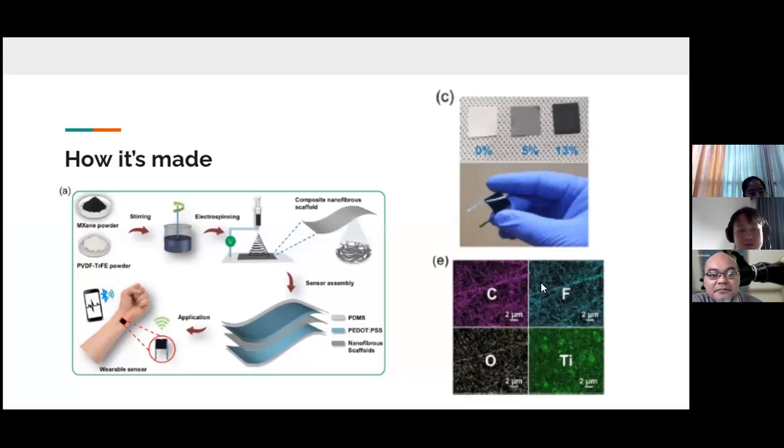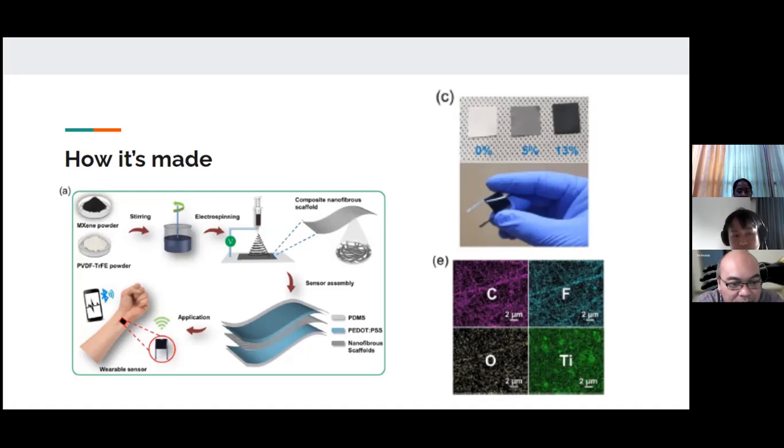Scientists are interested in wearable sensors because we can measure human information, like their health, heartbeat, etc.